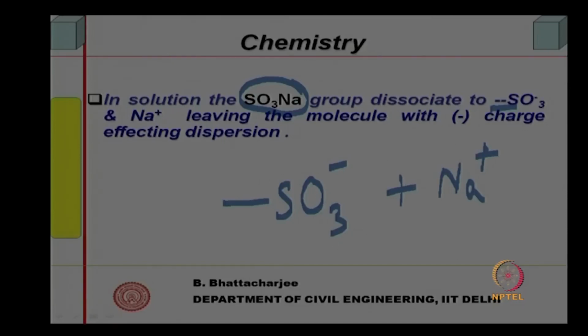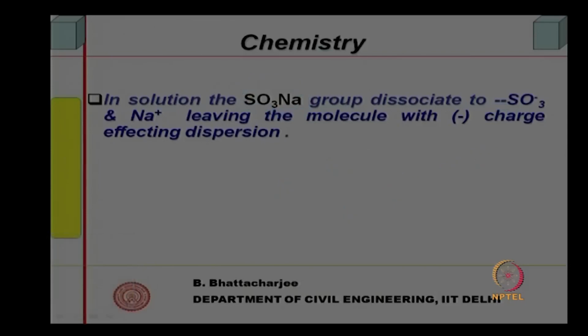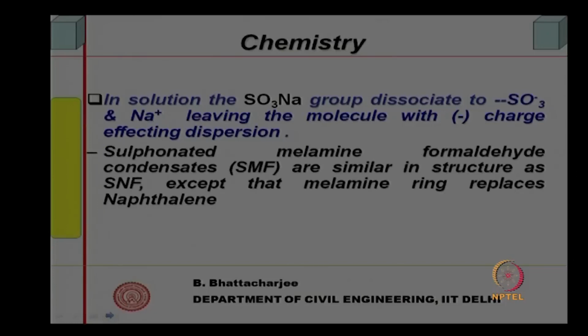Being negative, it can get attached to the surface of the cement, which has cationic surface charges, and induce negative charge onto the cement particle itself. So, similar action as the lignosulfonate, only difference being more quantity can be adsorbed, and its action is more prominent.